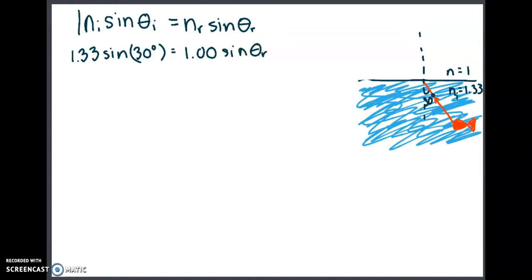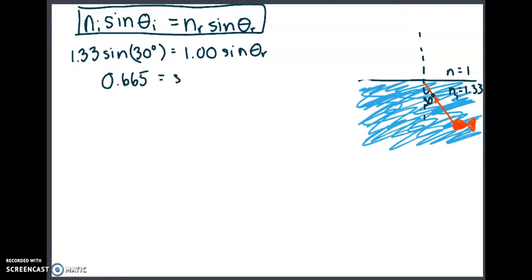So, let's solve. Dividing by 1 on both sides, well, that gives me a 1. That's easy. 1.33 sine 30. For this, do make sure your calculator is in degrees. This gets us the left side of the equation is 0.665 equals sine theta.